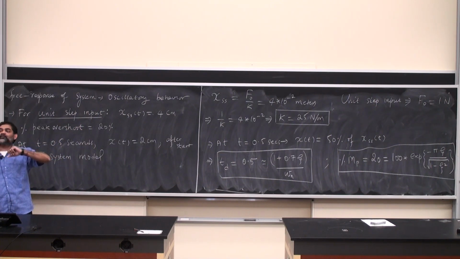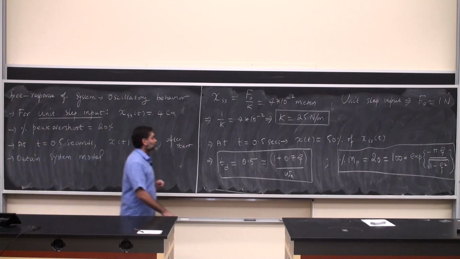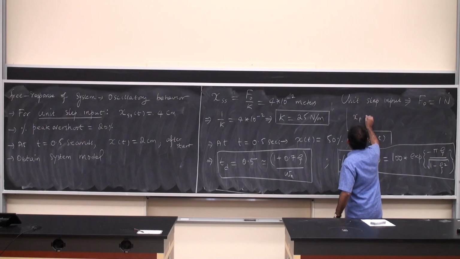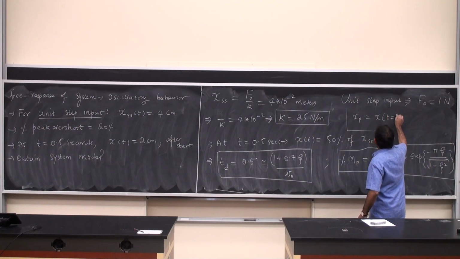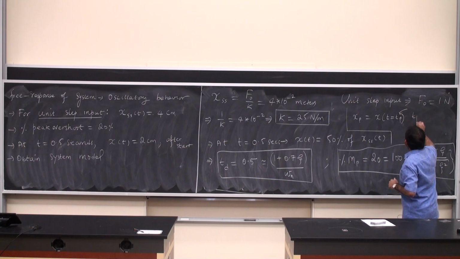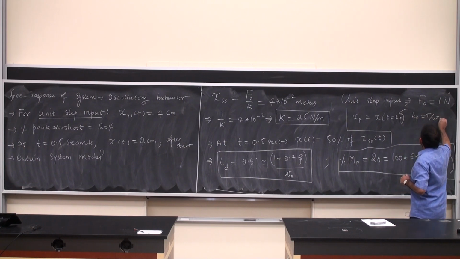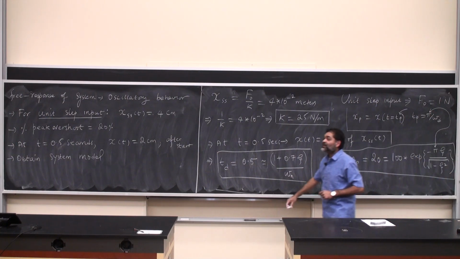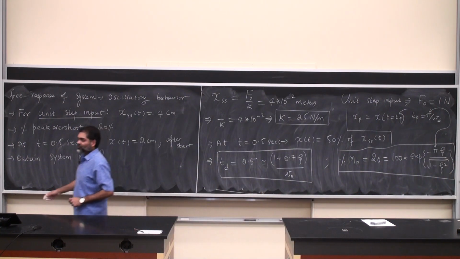We did this last class, but very quickly: Xp is x at t equal to t peak. If I substitute t equal to t peak in the system solution, this t peak is pi by omega d. That's where it comes from.